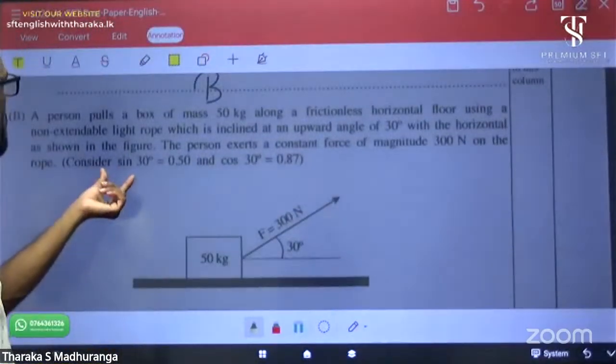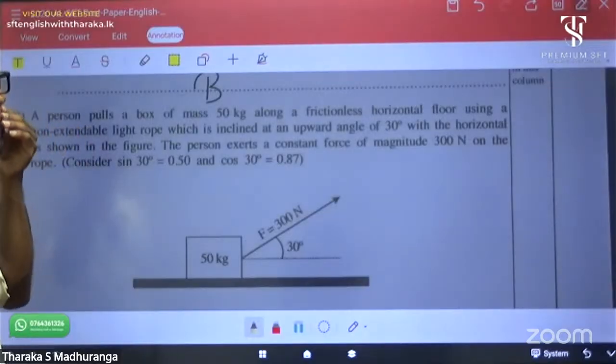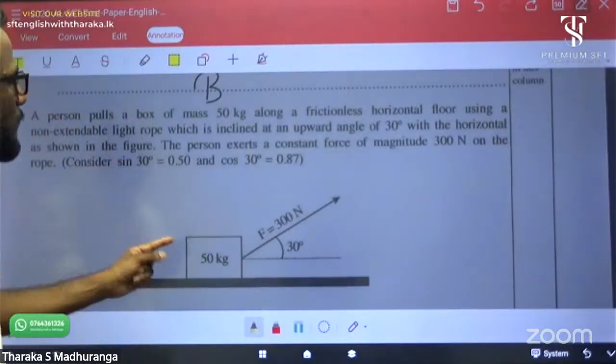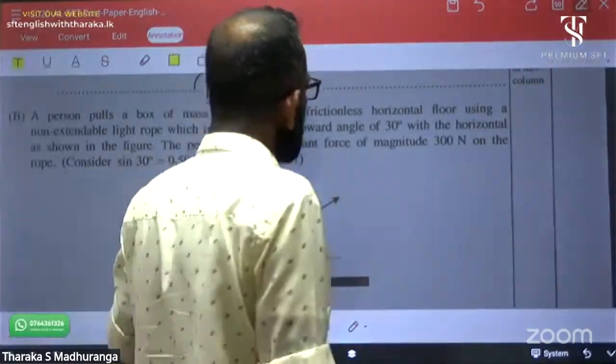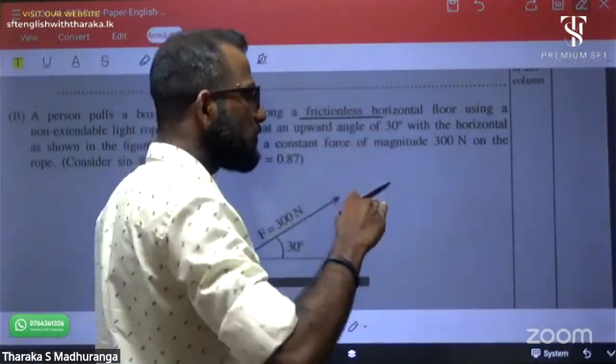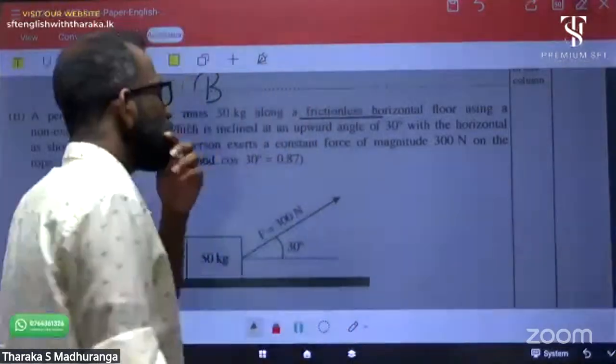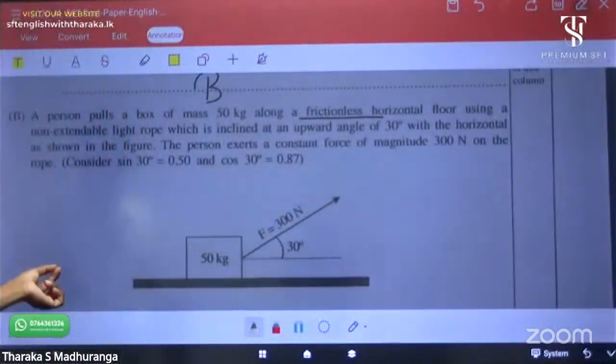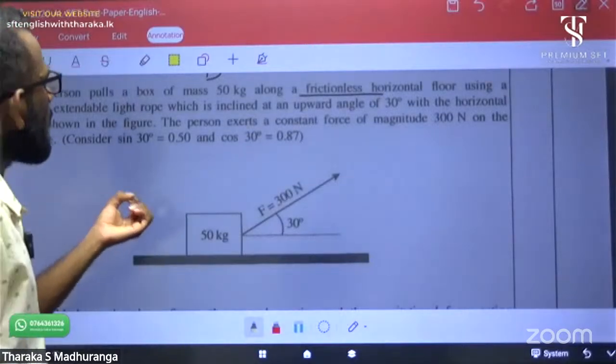Next one. A person pulls a box of 50 kilogram along a frictionless horizontal floor. Frictionless means no friction, smooth surface, right? Using a non-extendable light rope.